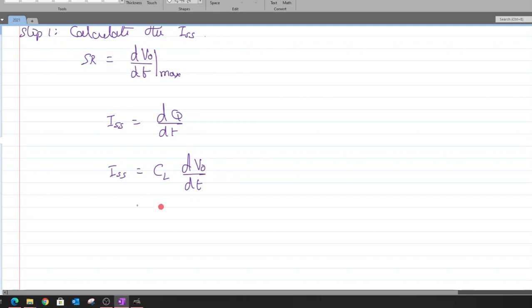This is the basic current equation that we use whenever we deal with capacitance. During slewing this voltage rate would be at the maximum, and since we have already defined dVout by dt as the slew rate, I can substitute that definition over here.